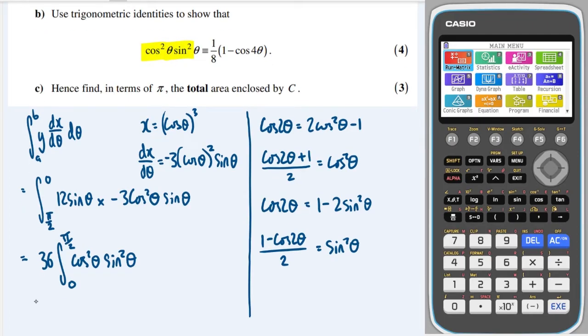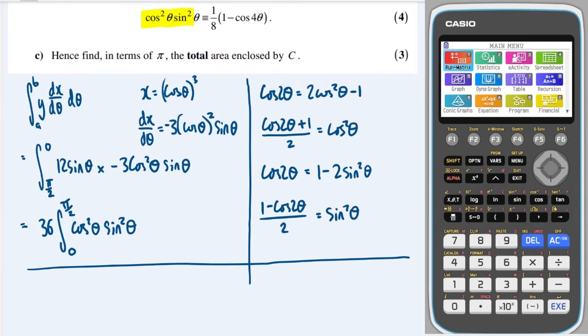I'm going to substitute into this identity. So cos squared I'm going to replace with 1/2 (cos 2 theta plus 1), and sine squared I'm going to replace with 1/2 (1 minus cos 2 theta), like so.